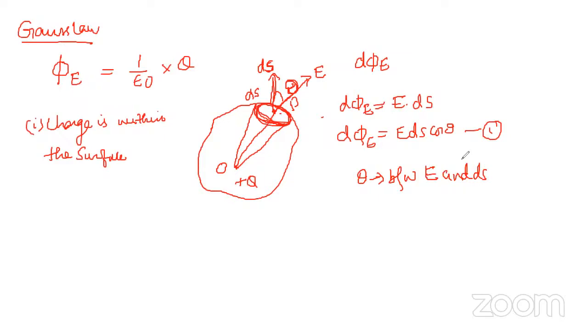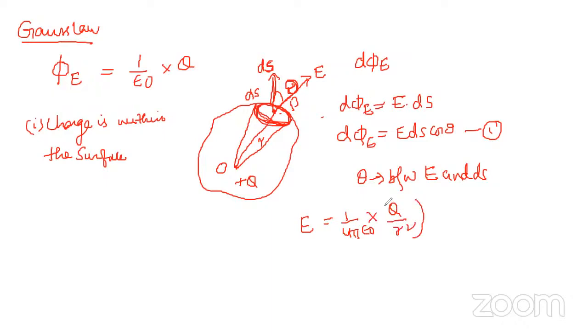Now, from Coulomb's law, which we have already studied, the electric field intensity E at a point P at a distance R from the charge Q is given by E is equal to 1 by 4 pi epsilon naught Q by R square.